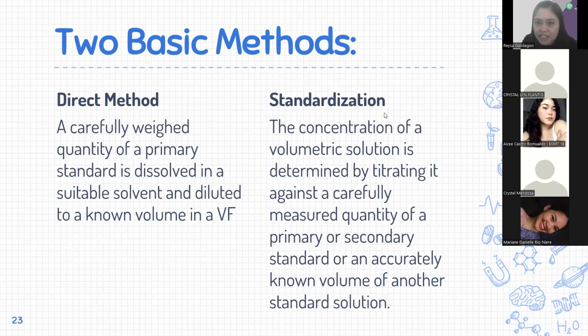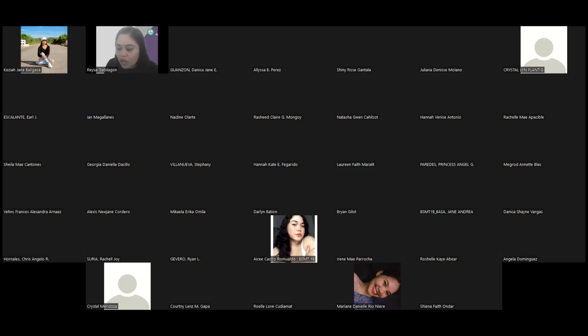Nakita niyo yung standardization sa worksheet ninyo, nakalagay doon, preparation and standardization. Kasi ang first part of your laboratory activity is preparation of your sample or your analyte, and then the second part is standardization. Standardization means determining the concentration of your prepared solution through titration. Okay? Yan yung i-compute natin next meeting.